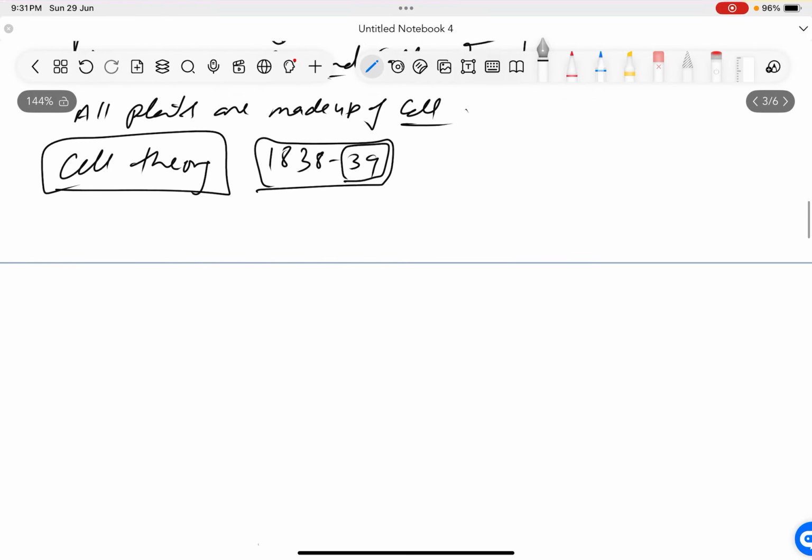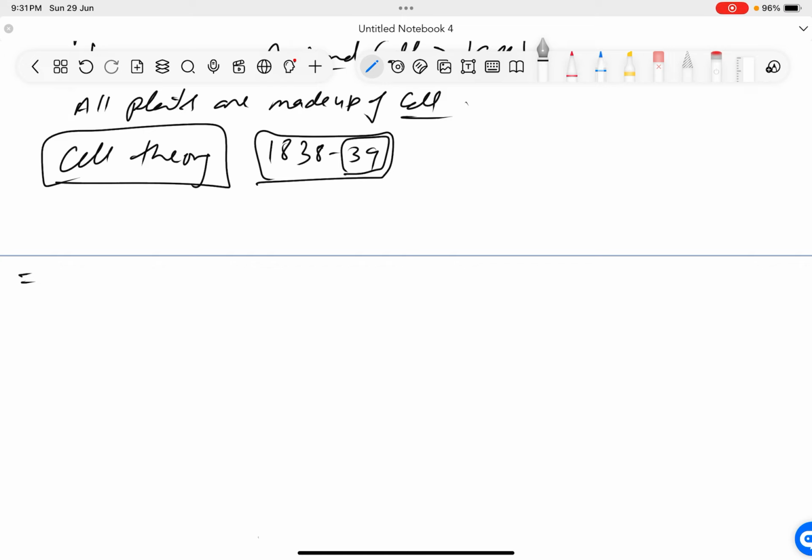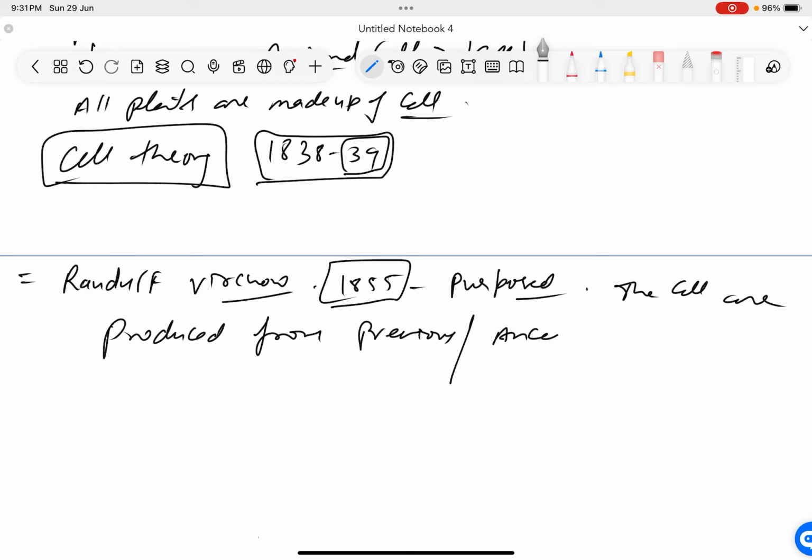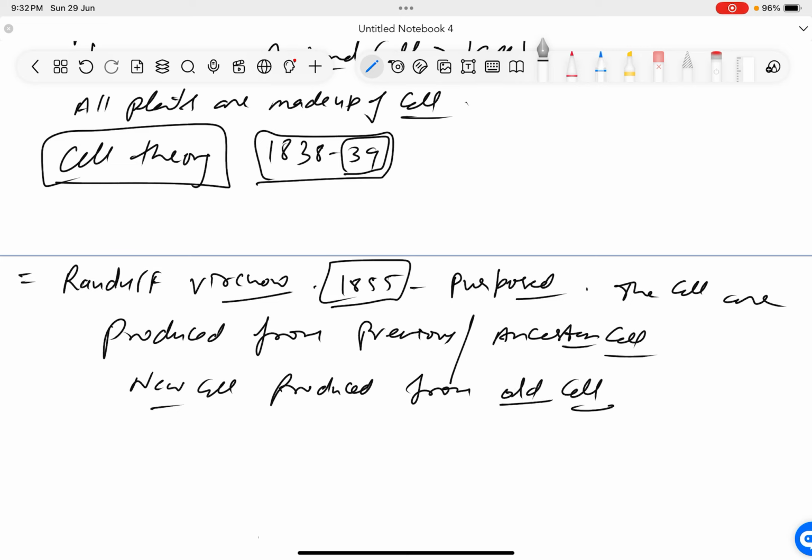Later on, Rudolf Virchow in 1855 proposed that cells are produced from previous or ancestor cells, that is, new cells are produced from old cells.